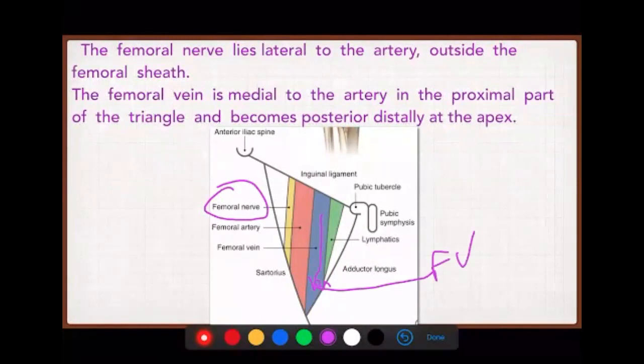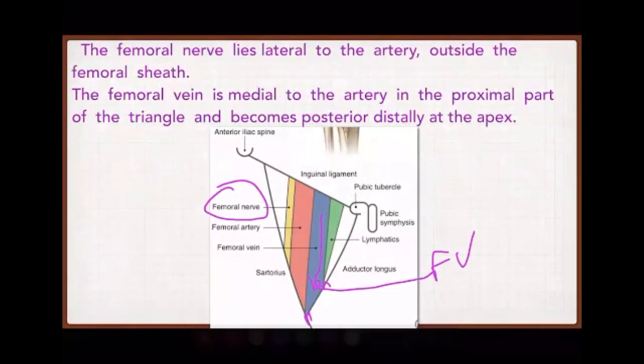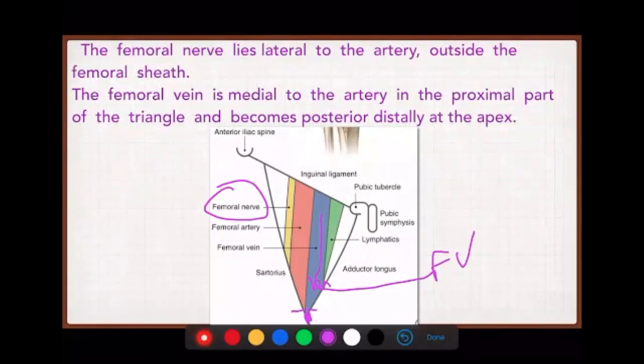The femoral vein, proximally lateral, becomes posterior distally at the apex. You all know that the femoral vein lies posterior in the adductor canal, which starts where the femoral triangle ends. So this is the picture: femoral nerve, femoral artery, femoral vein, and lymphatics.